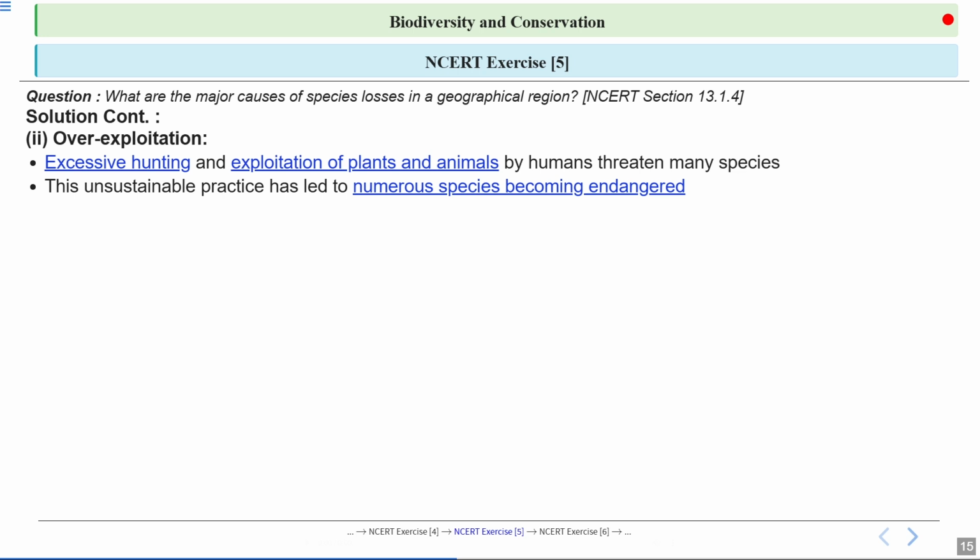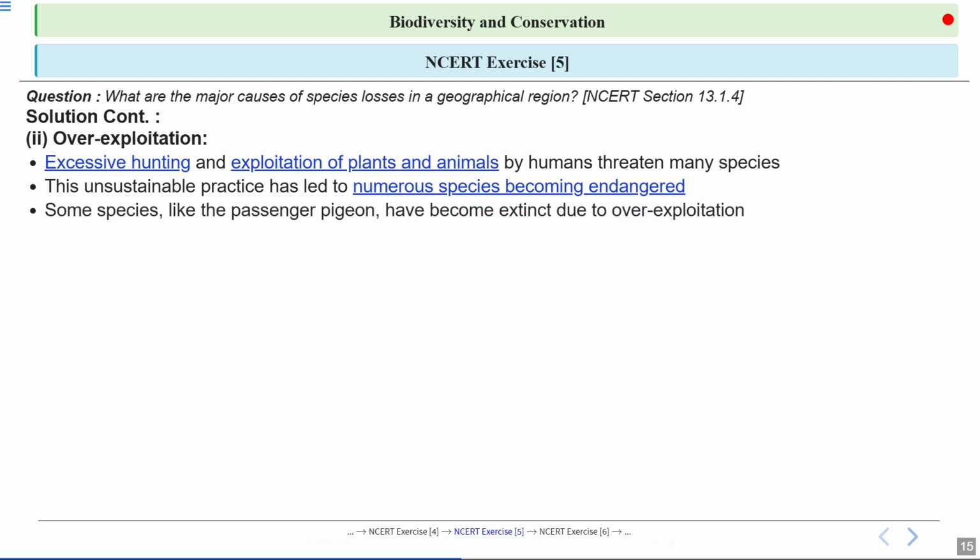So, many animal and plant species are in danger of disappearing. So, they are now being called endangered species. So, this happens because humans are taking more than what the environment can handle, leading to loss of habitats and reduced populations. Now, some species like the passenger pigeon have become extinct due to over-exploitation.